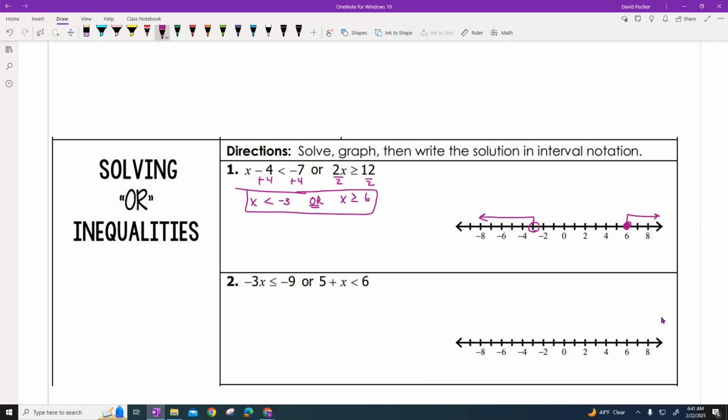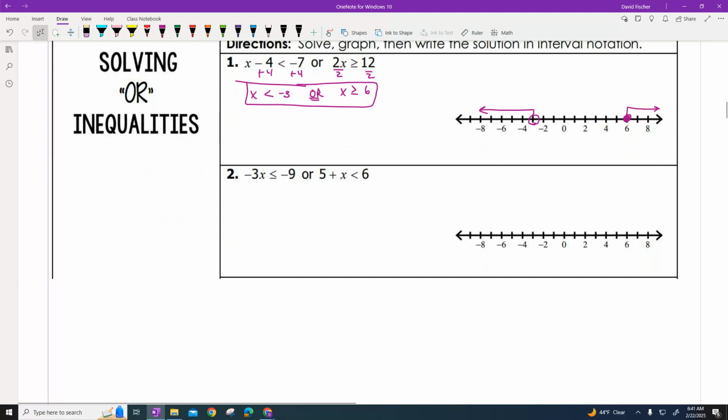Those are some things to keep an eye out for. Sometimes if I had x is greater than negative 3, that means my line's going this way and I know something's wrong, because or statements for most of the time in ninth grade go in opposite directions. Later on, if we get to it by the end of the year, we'll talk about when they overlap and things like that.